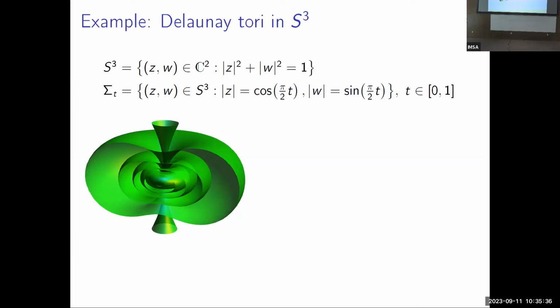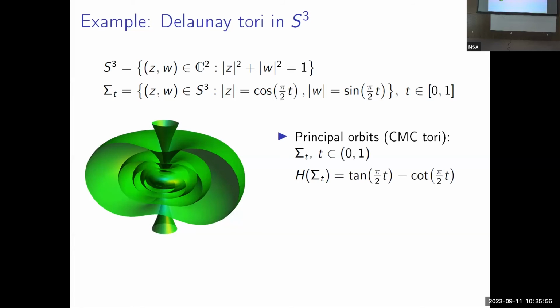And they have constant mean curvature because they're invariant by a torus action. So these are principal orbits, but they collapse to circles at the endpoints. So as t goes to 0 or to 1, you see that one of the two radii becomes 0. And so rather than a torus at the endpoints, you have a circle. So you lose dimension. And the mean curvature is given by this function, tangent plus or minus cotangent, whatever.